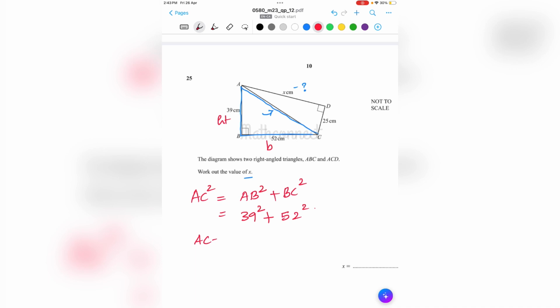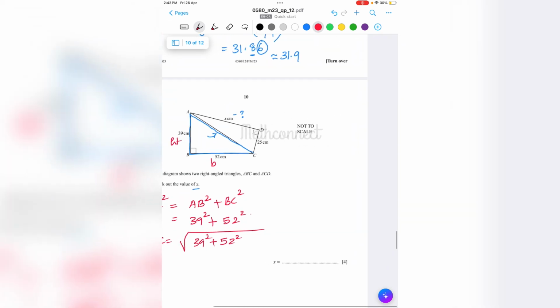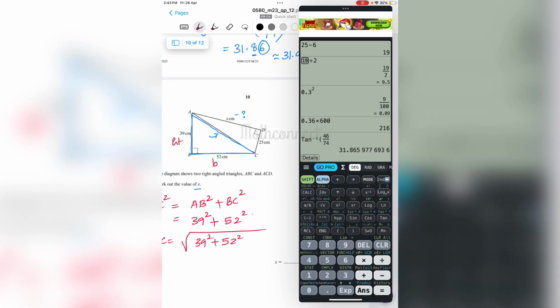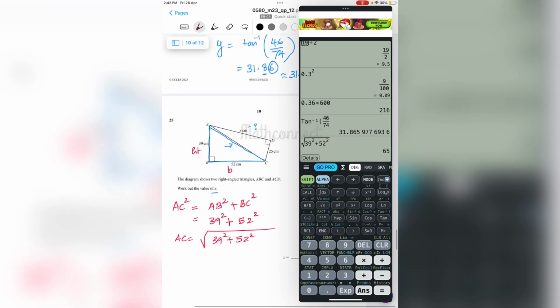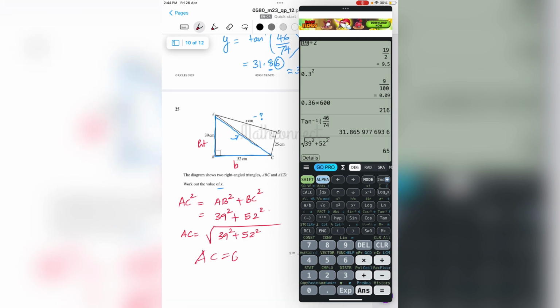So AC would be square root of 39 square plus 52 square. Let's input this in the calculator. Square root of 39 square plus 52 square, which is 65. So AC is 65. So we can mark this as 65.